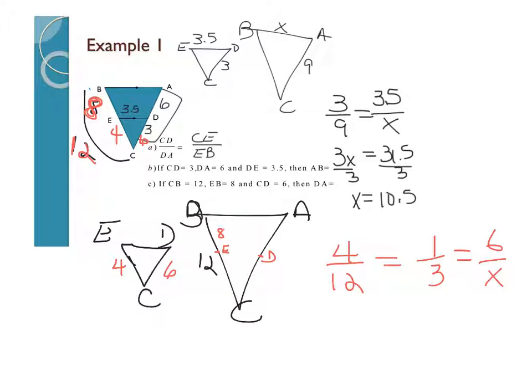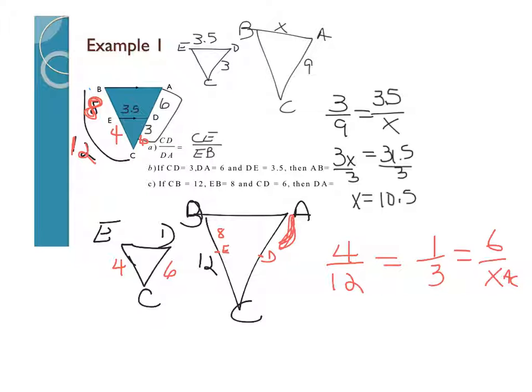All right, and then what's that going to give us? Okay. We're looking for DA though. We're looking for this piece. So when we set up this whole thing, this X is really going to be AC. Follow that? But what we wanted was DA.